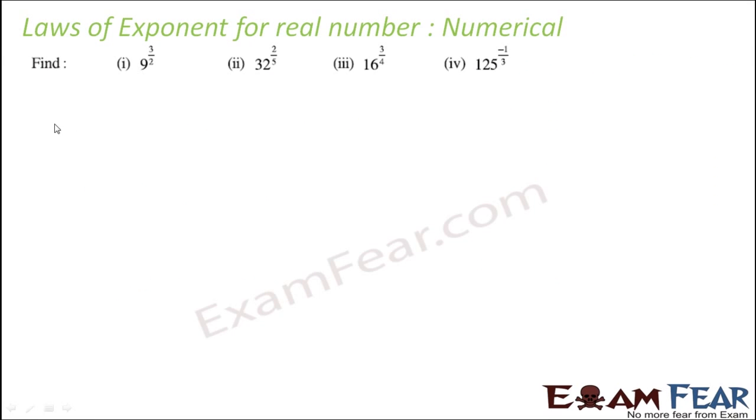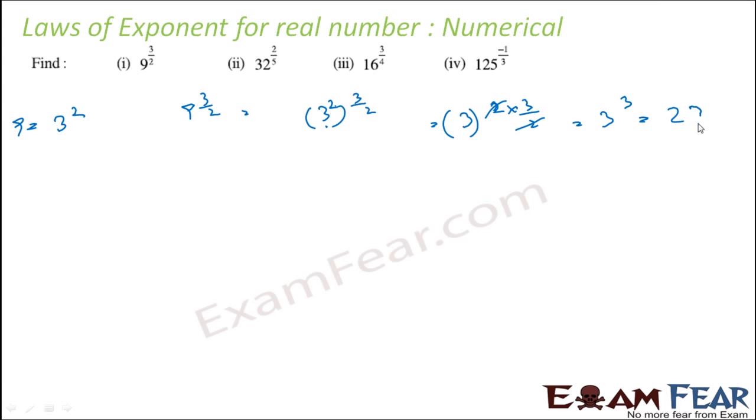Let's take some example. 9 to the power 3 by 2. 9 I can write as 3 square. So I can write 9 to the power 3 by 2 as 3 to the power 2 into 3 by 2. So a to the power m whole to the power n is nothing but a to the power m into n, that is 3 to the power 3. 3 to the power 3 is 27.